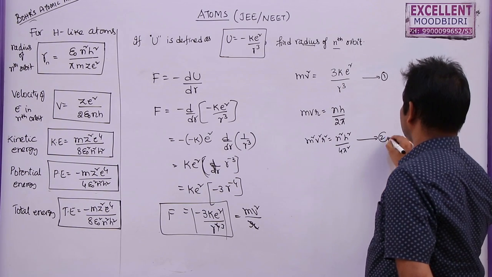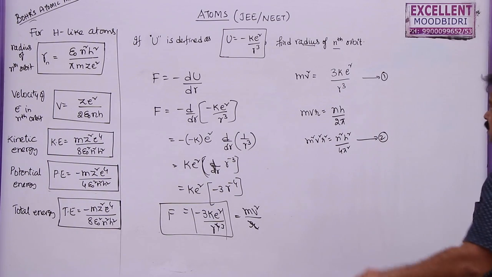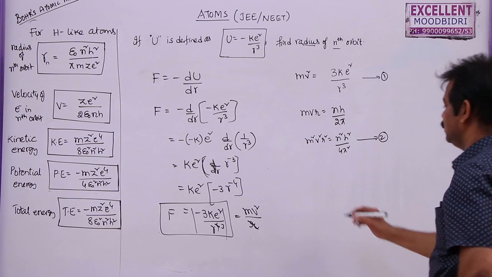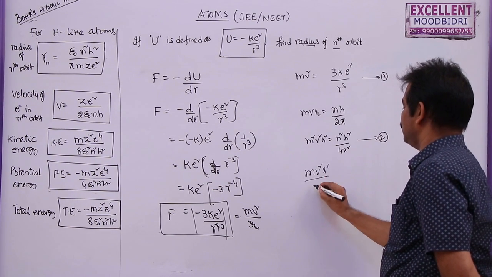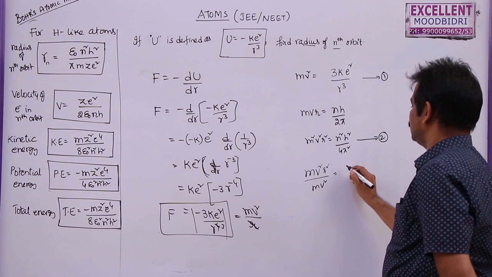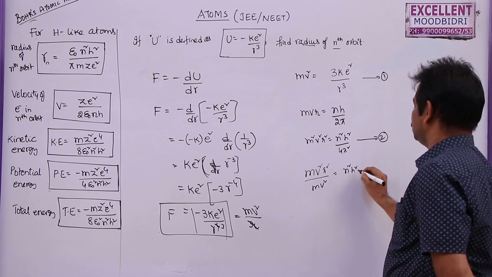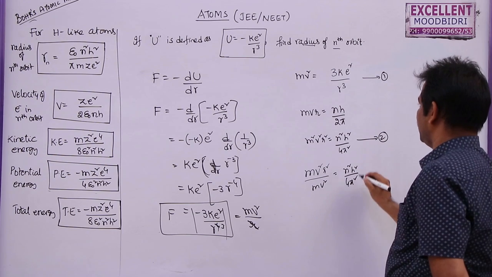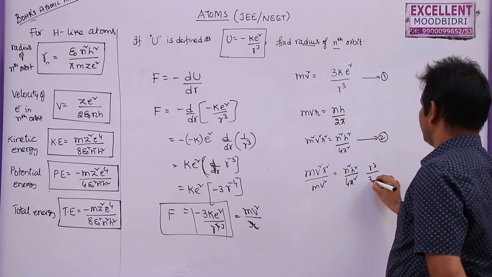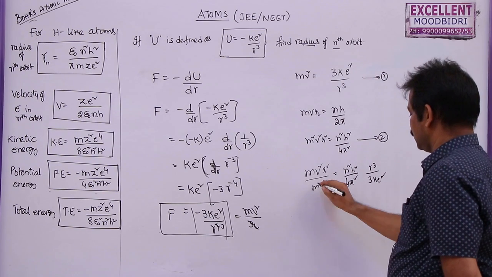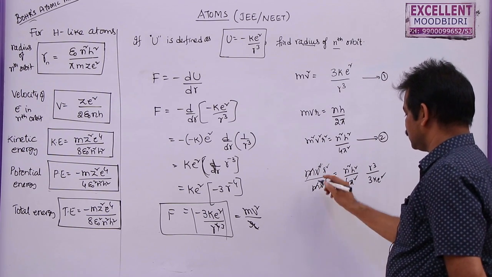Let me take it as equation 2. Now divide equation 2 by 1. So this will be m square v square r square by mv square is equal to n square h square by 4 pi square by 3 k e square by r cube, or r cube by 3 k e square. M and m get cancelled, v square gets cancelled.